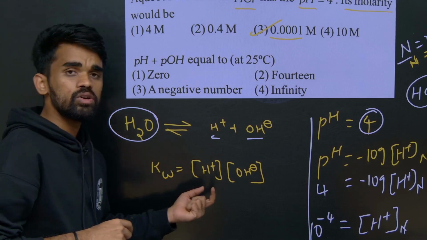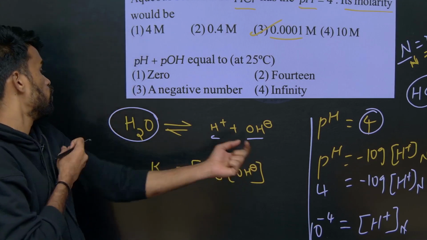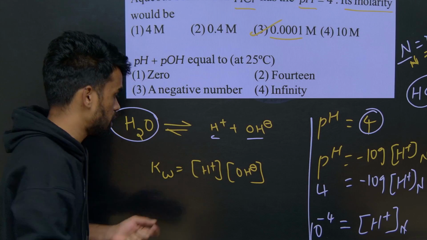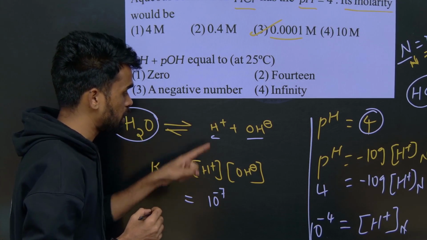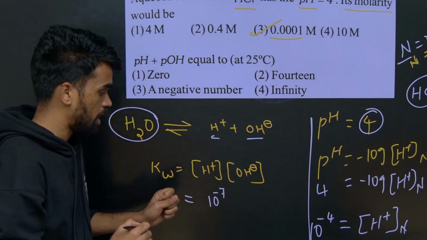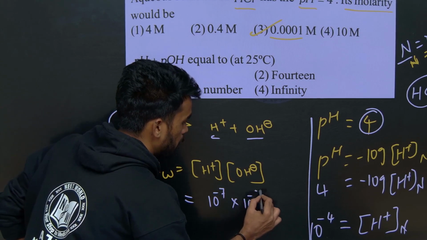Experimentally it is found that in water the concentration of H plus ion and the concentration of OH minus ion are each 10 power minus 7.